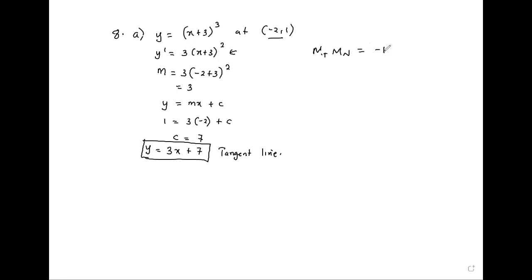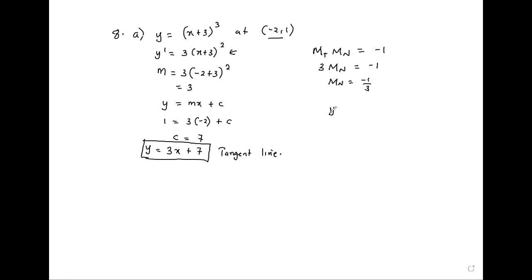The gradient of the tangent multiplied by the gradient of the normal gives -1. Now, the gradient of the tangent is 3. So 3 multiplied by the gradient of the normal gives -1, meaning that m normal is equal to -1/3.